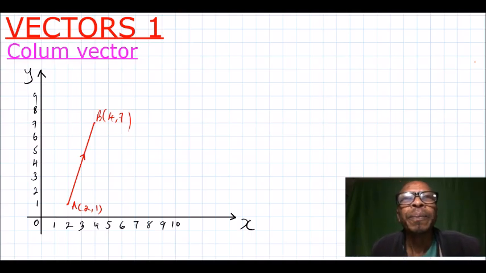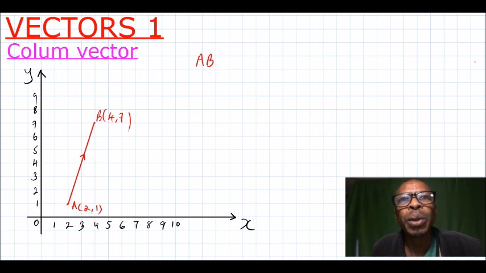So we want to get the column vector AB. What is our column vector AB? What is going to help us are the components. What are the components? You can see x has changed from 2 to 4.